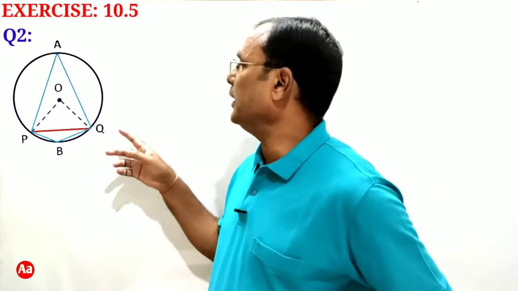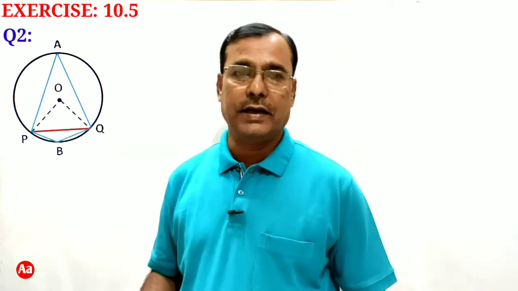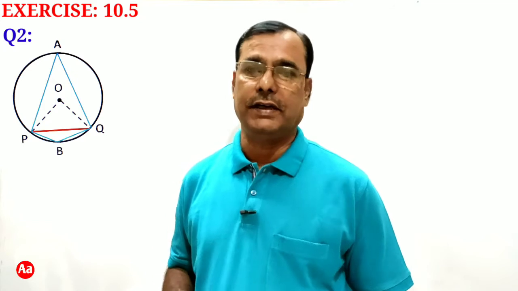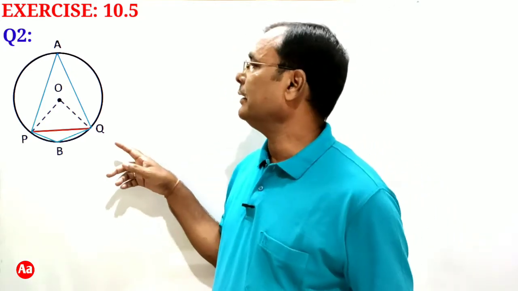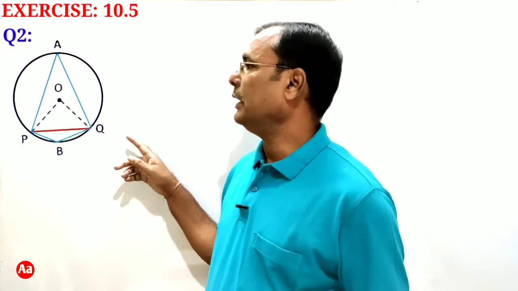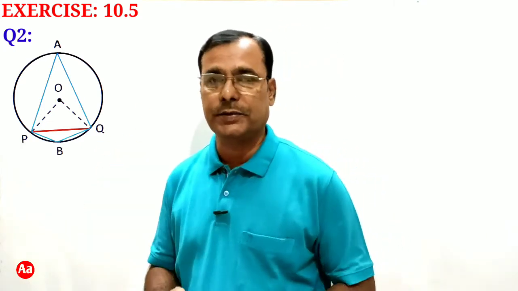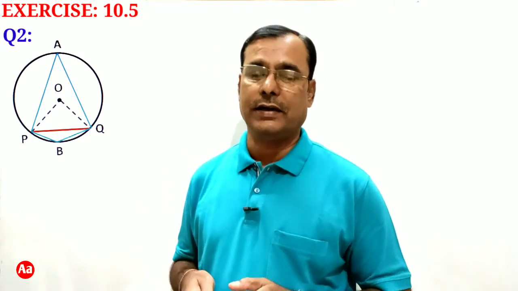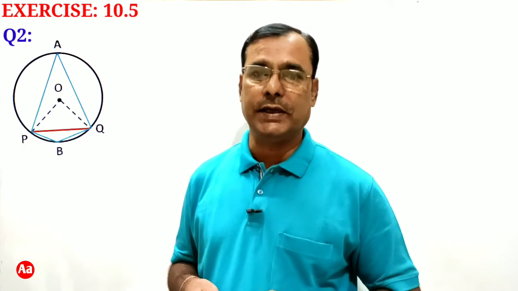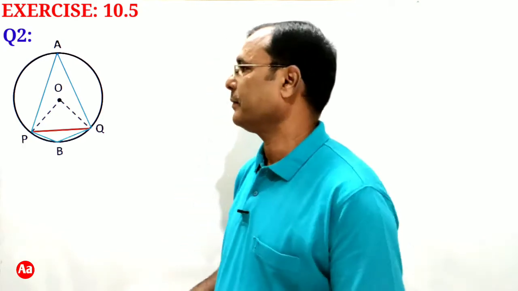We have taken points A and B on the major arc and minor arc of the circle with center O. We have to find angle PAQ and also angle PBQ. Angle subtended by the chord at a point on the major arc and angle subtended by the chord at a point on the minor arc.